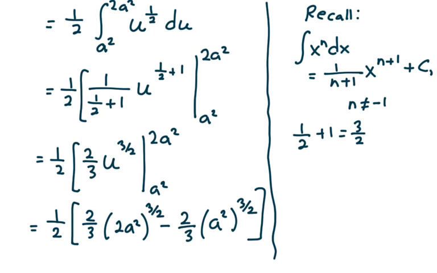Now, I could also factor out the 2/3. That might make it a bit easier. So I'm going to take 1/2 and then multiply by 2/3. So we're going to factor that completely out.